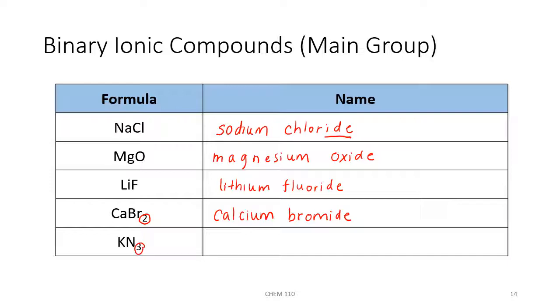We don't have to do anything with the 3. The metal K is potassium. Following our trend, we list the metal first, followed by the nonmetal. Nitrogen becomes nitride. Later, when we work backwards from a name to writing a formula, you'll see why the 2 and the 3 are listed. They're important, but not when writing the name.